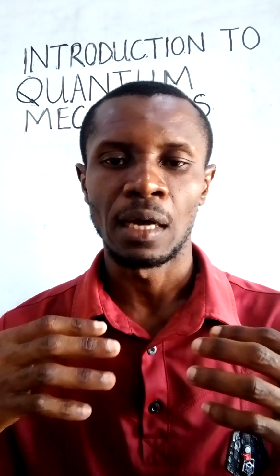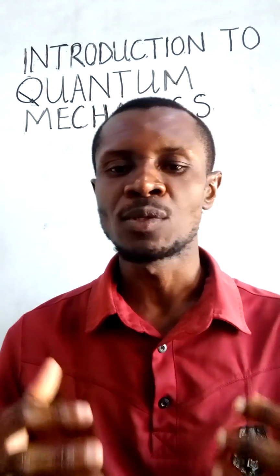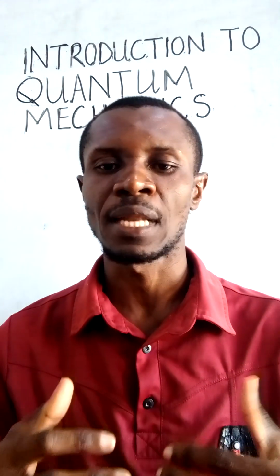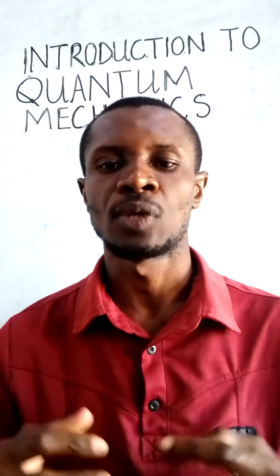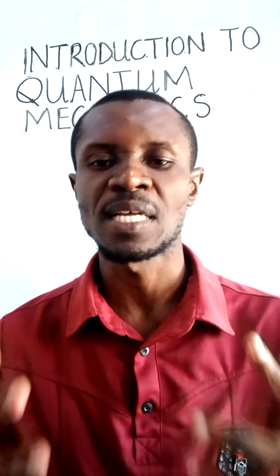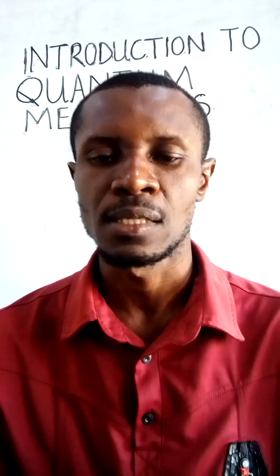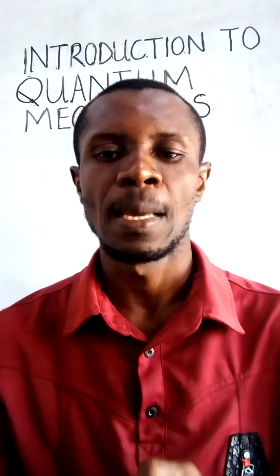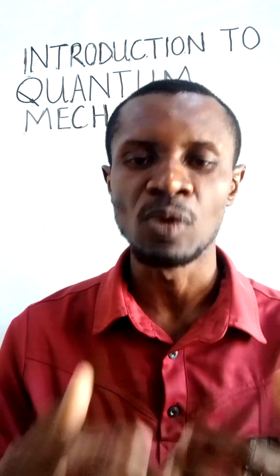Now, on the other hand, in quantum mechanics, a quantum particle behaves both like a wave and a particle at the same time. And this is what we call the wave-particle duality. Unlike what we have in classical mechanics, where a particle is treated as a particle and a wave is treated as a wave.